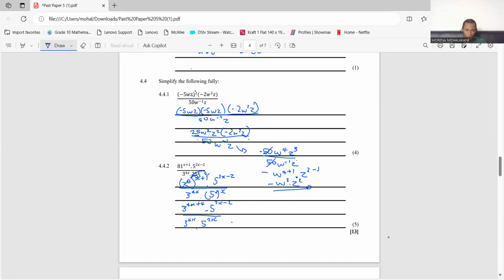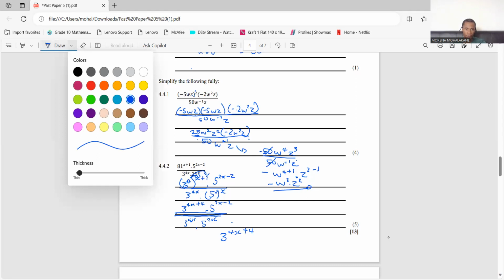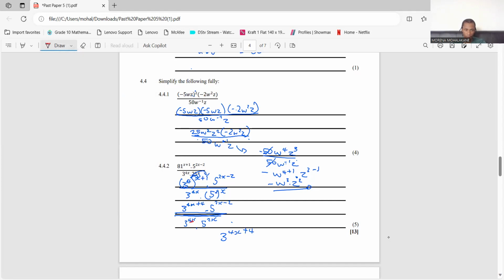Getting to the linear, you're going to have 3 exponent 4x plus 4 minus 4x.